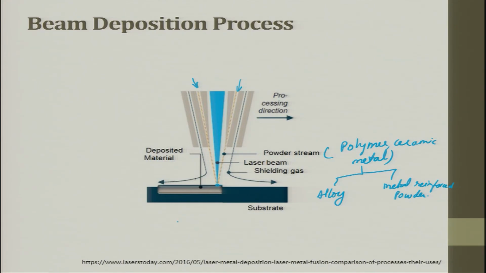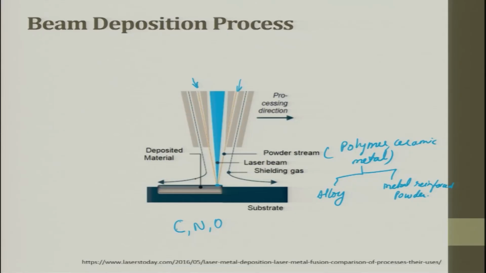Say for example, you have a carbon rich, nitrogen rich, or oxygen rich atmosphere around. The powder in the molten condition is where the diffusion can happen very fast. So, it can form carbides or it can form a ceramic material on top of it which might functionally degrade or which might deteriorate the usage of this part in real time.